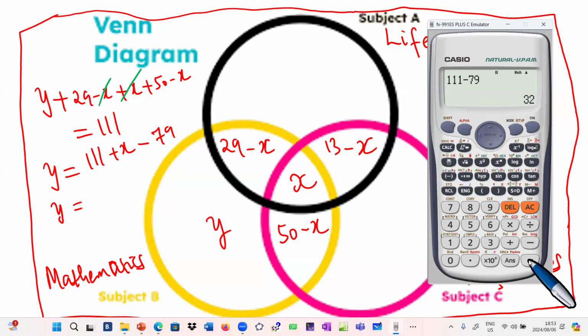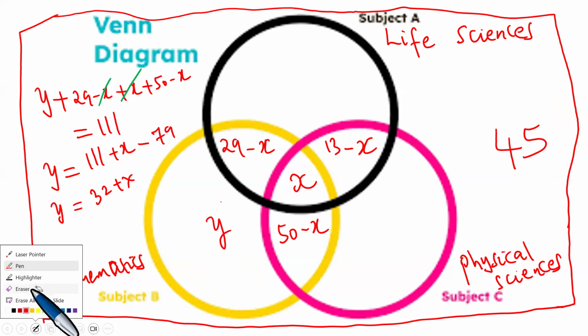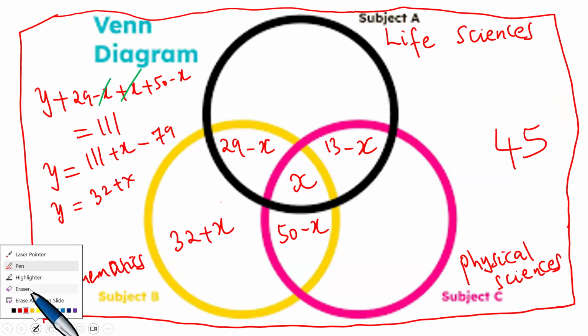So it becomes 32 plus X, meaning here in the place of Y, you're going to put 32 plus X. You can even do this mentally. So we have 32 plus X, like so.